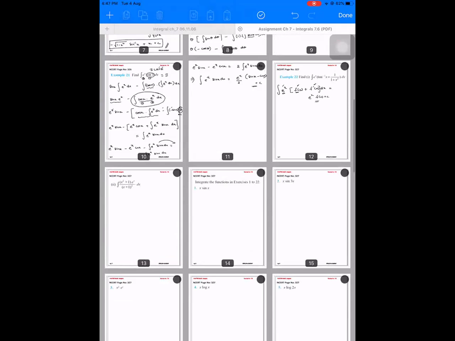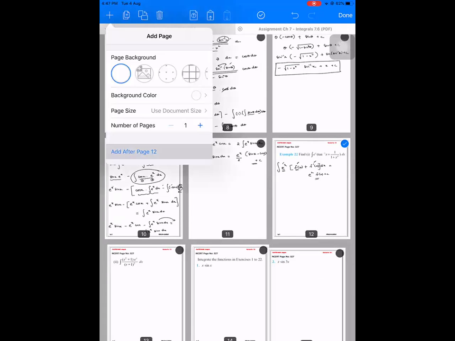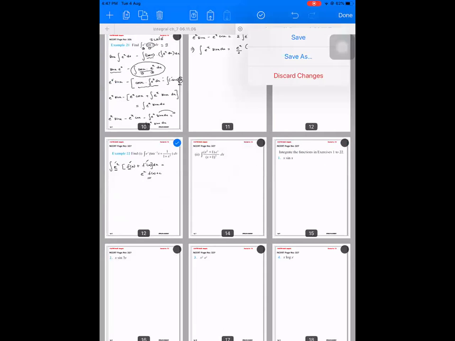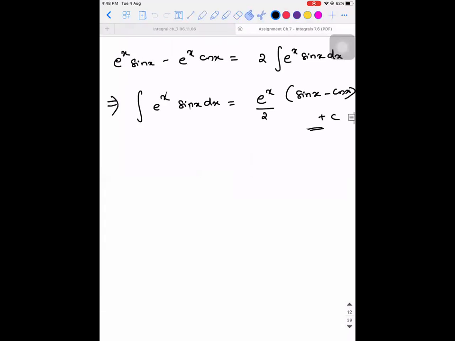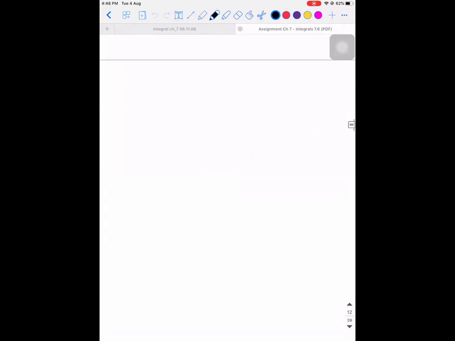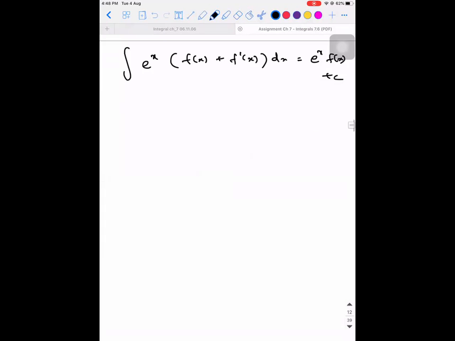This is problem number 22. Now listen. What did I say? The formula is the integral of e power x into f of x plus f dash of x dx is equal to e power x into f of x plus c.